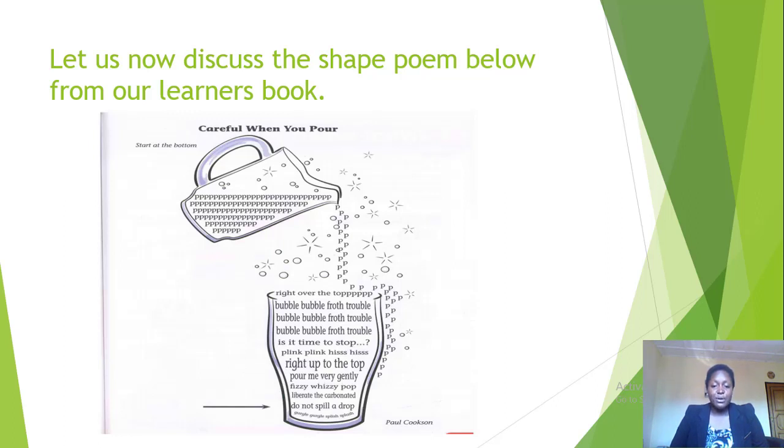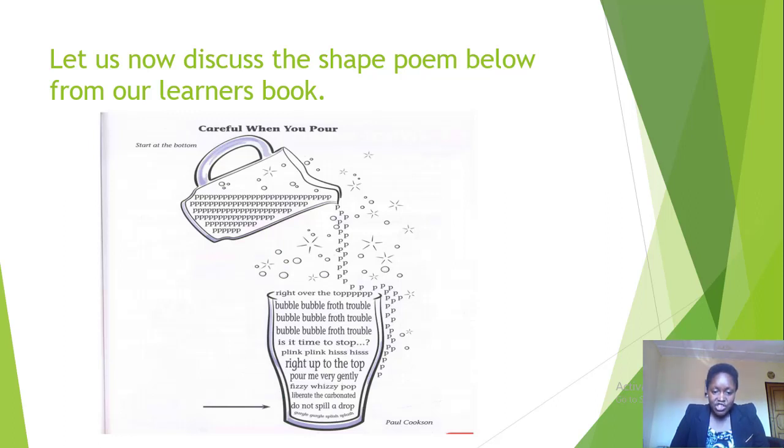We have trouble, trouble, trouble. So the first part, top, I can give it the letter A. Trouble, trouble, trouble are the same, so we are going to have letter B. Then when you look at stop, it sounds the same as top, so it's going to have letter A. Hiss can be C. Top can go back to B because it sounds the same as stop.